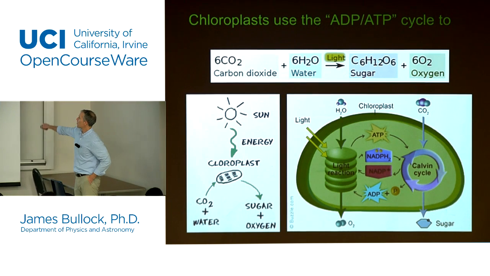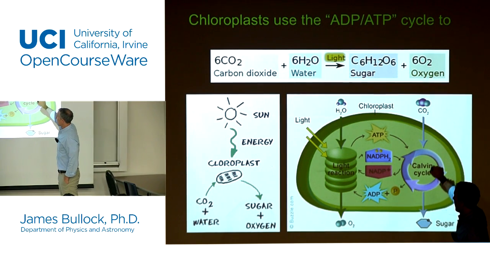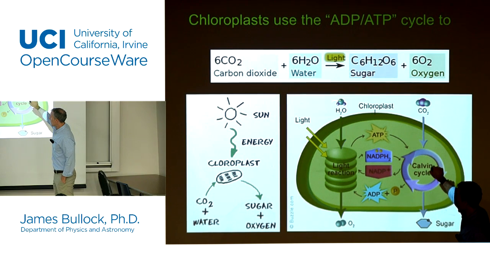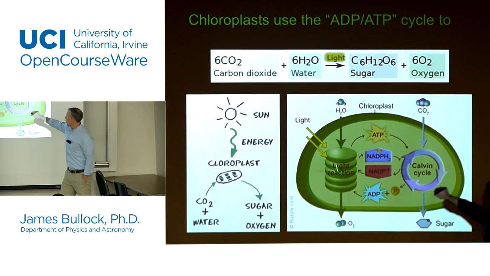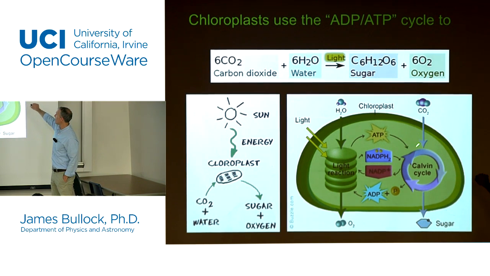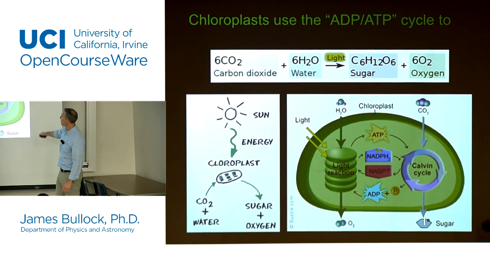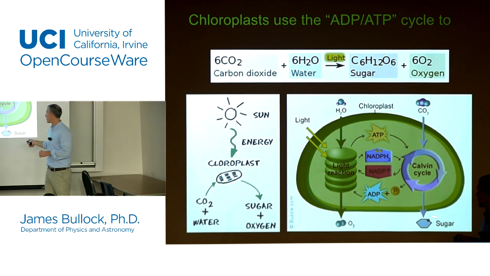So effectively what happens is the light comes in, there's a light reaction that's basically water and light that produces the oxygen. That charges up the ATP battery, and then the charged up ATP battery is what combines with the carbon dioxide to produce this sugar. So it's actually much more complex than this simplified equation because there's actually two kinds of things going on to both produce the oxygen waste and then produce the sugar.